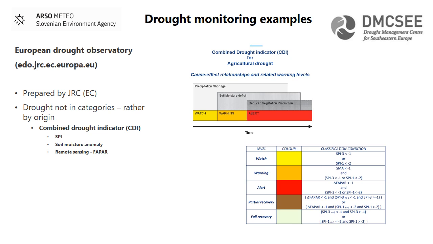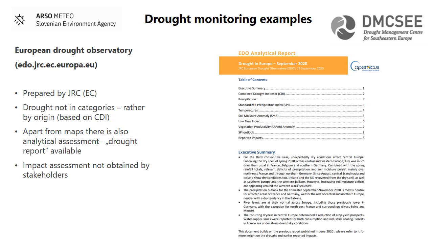What is different from the American drought monitoring system is that there is no stakeholder involvement. Impact assessments are obtained by a general or more modeled assessment of forecasting the agricultural yield, and also partially by scanning some specific media records, very similarly as you saw in the case of the DMCSEE drought bulletin.